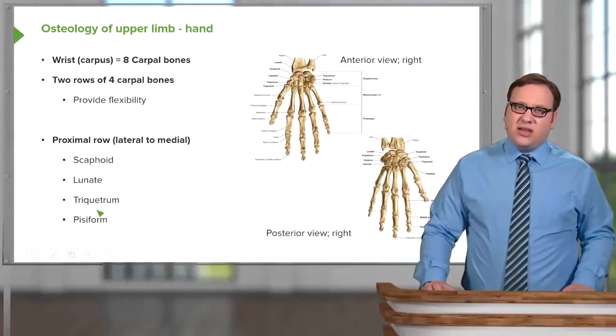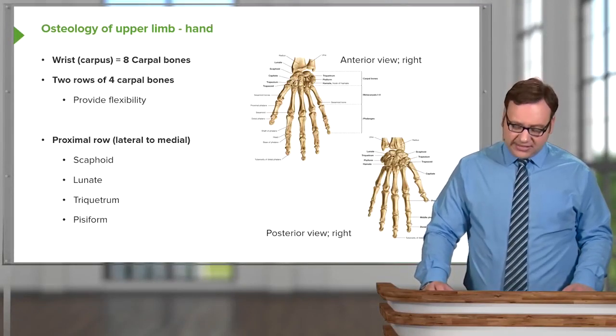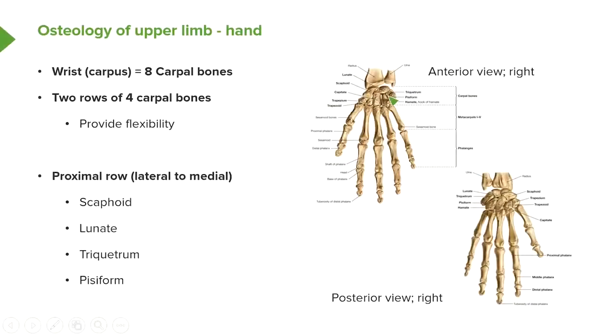We have the scaphoid, we have the lunate, we have the triquetrum, and we have the pisiform bone. We can see these here. So 1, 2, 3, 4.